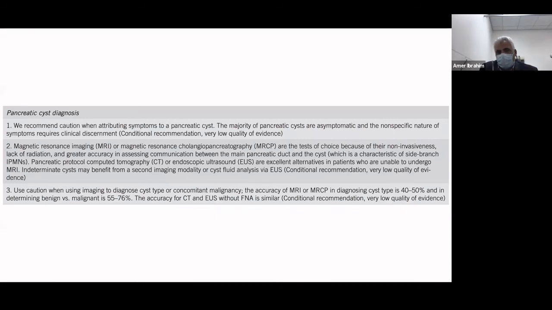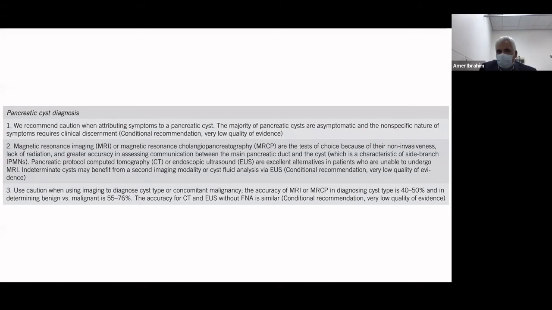And there is something very easy about the guidelines. The last phrase in every recommendation is the strength or the quality of the evidence behind this recommendation. And you don't need to worry about it a lot, because the quality of evidence behind these recommendations is really very low.